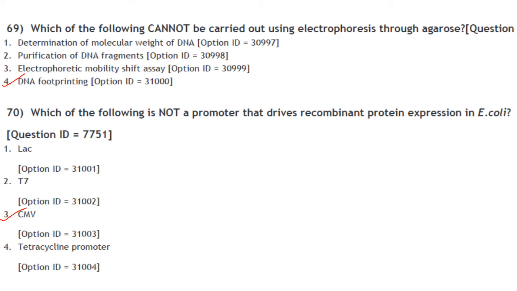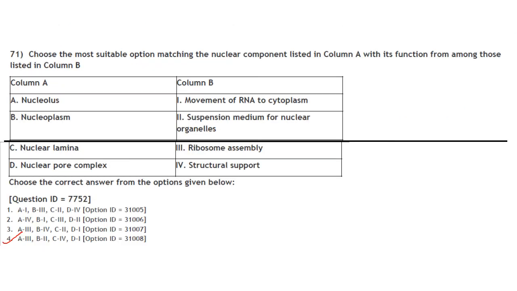Then which of the following is not a promoter that drives recombinant protein expression in E. coli? It is CaMV. It is used as a plant transformation promoter. Answer is option 3. Then choose the most suitable option matching the nuclear component listed in column A with its function from among those listed in column B. Nucleolus is ribosome assembly.